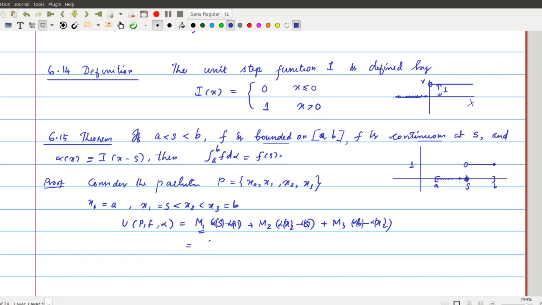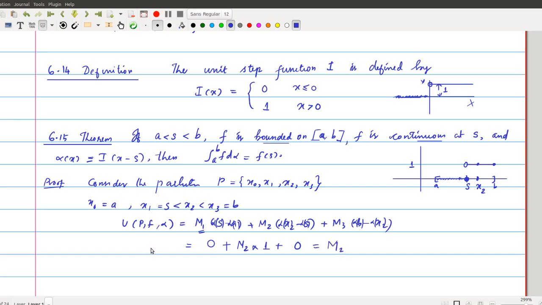Plus m2 times alpha of x2 minus alpha of s. Since x2 is greater than s, alpha of x2 equals 1, and alpha of s equals 0, so this quantity will be m2 times 1. The last term is also 0, because alpha of b and alpha of x2 have the same value 1, so this difference is 0. So this value is always m2.